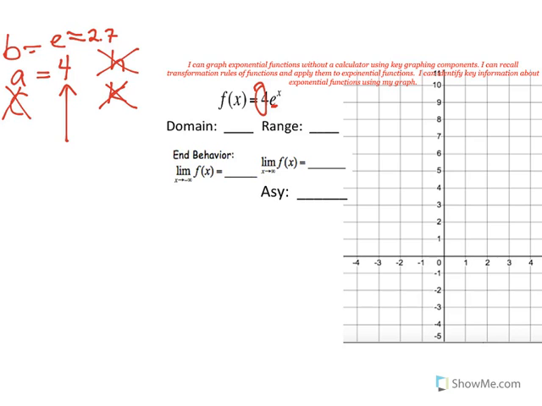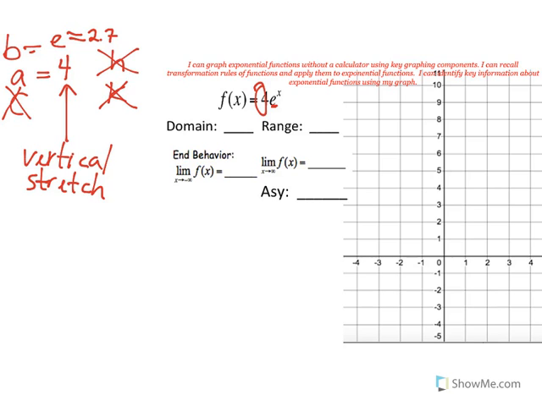Your a term is dealing with vertical changes. Okay, so if that was a negative, it would flip the graph vertically. Since it's a 4, it is vertically stretching the graph. And as you recall, vertical is dealing with y values.